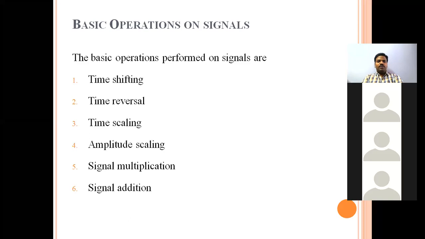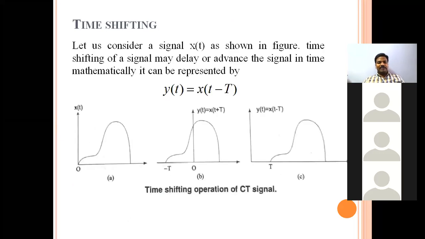In that concept, the basic operations performed on the signals are time shifting, time reversal, time scaling, amplitude scaling, signal multiplication, and signal addition. These are the six important operations to be performed on signals. In each operation, I will explain the continuous time case and also the discrete time case. Please try to understand the concept.